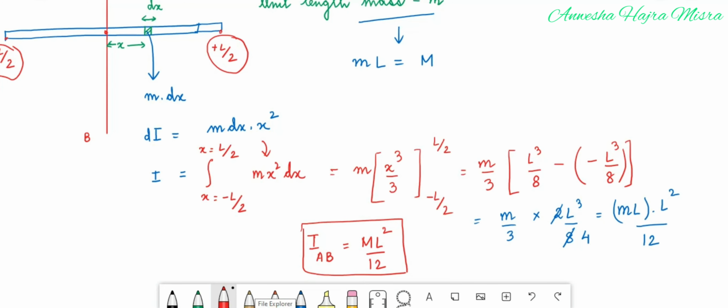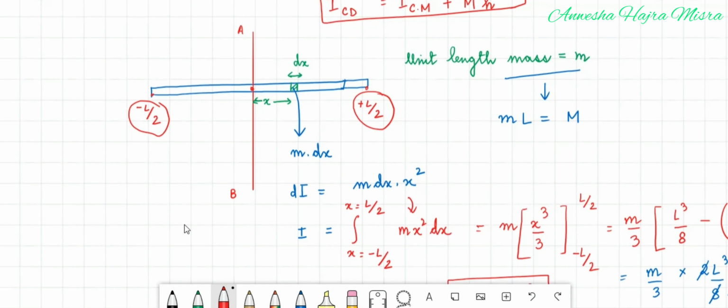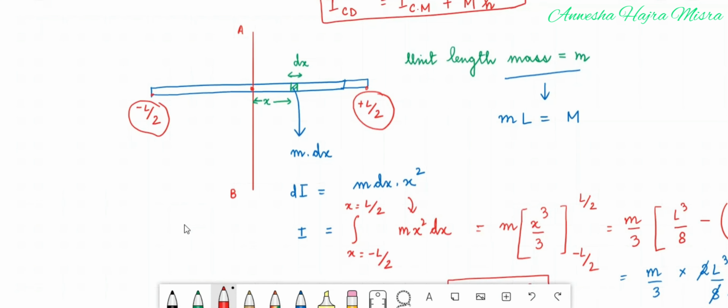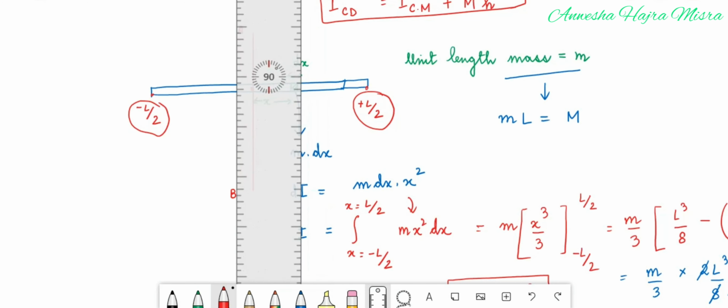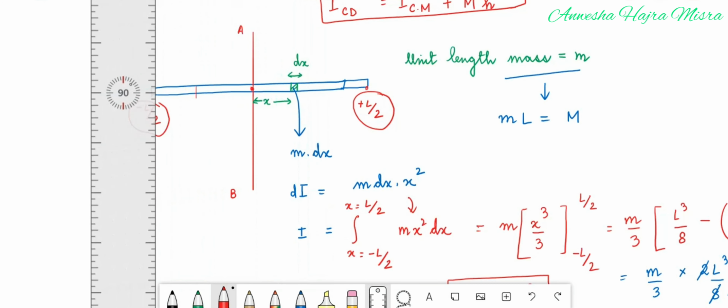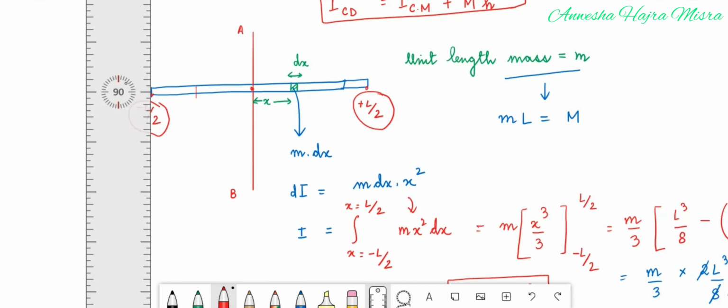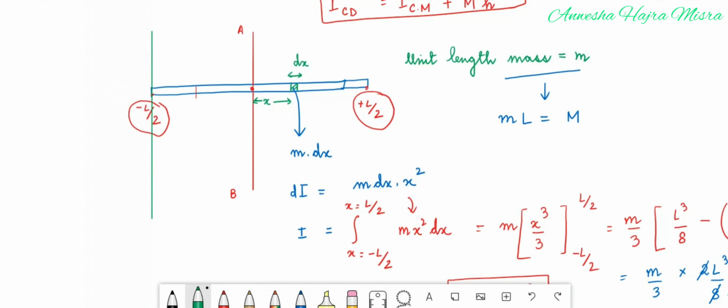Now suppose you are asked to find the moment of inertia of the rod about an axis passing through one end parallel to the center of mass axis. Then we apply the parallel axis theorem.